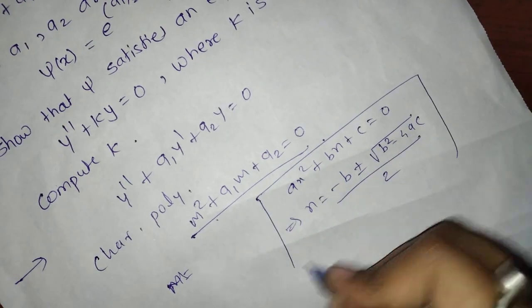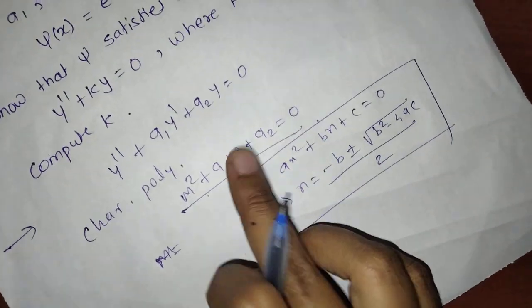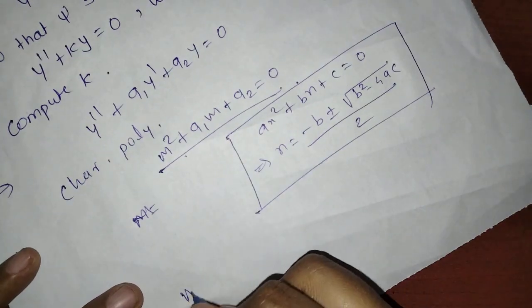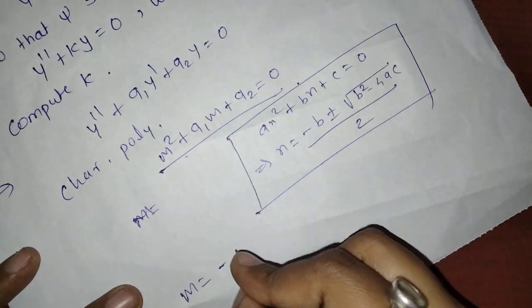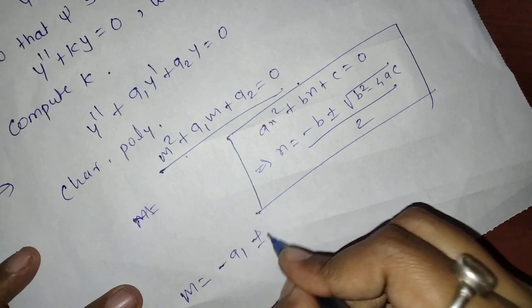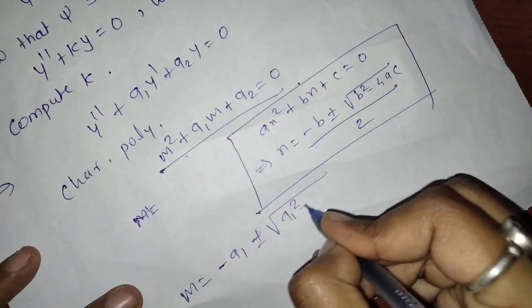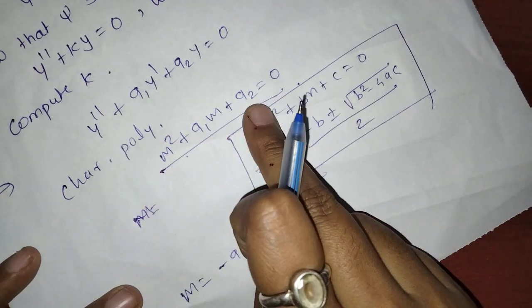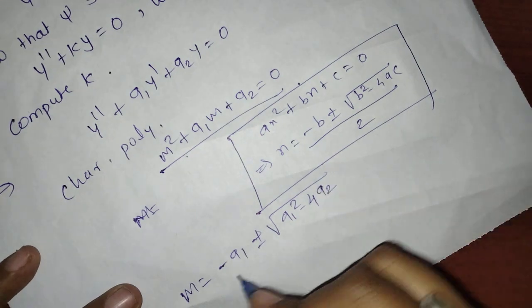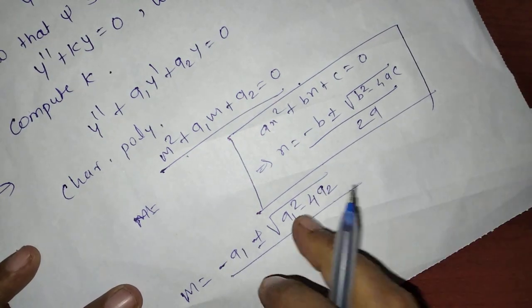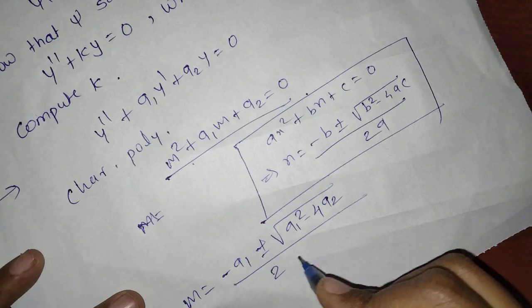So apply this formula for this equation. So m is equal to minus b, b is a1 here, plus minus under root a1 square minus 4, a is 1, c is a2 here, so minus 4a2 upon 2 into 1.